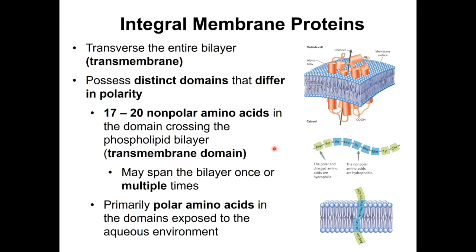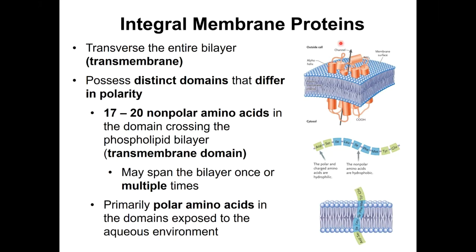They are nonpolar, so they all have nonpolar R groups sticking outside. Usually they take the conformation of an alpha helix. These tubes you see here are alpha helixes, and they have the R groups projected outside. So all the nonpolar R groups will be projected outside into the phospholipid bilayer, allowing these proteins to stay inside there stably. Now they can cross the membrane once or multiple times, like this protein right here.